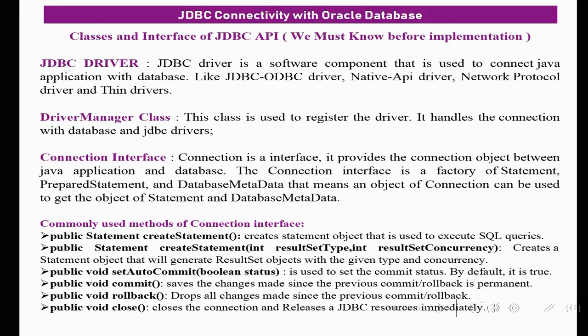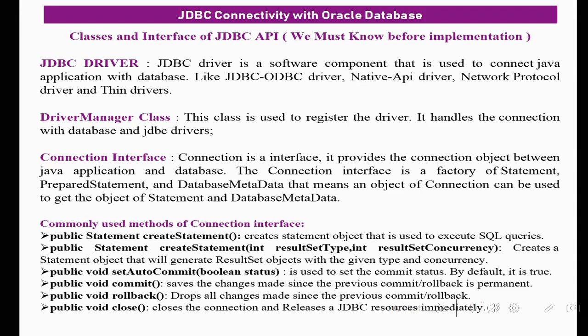The next is setAutoCommit(boolean status). It is used to set the commit status. By default it is true. It is used when we are managing the transaction, because we have to commit the transaction fully, not partially. So we have to set autoCommit to false first. If all the data is saved, then we will commit at last.